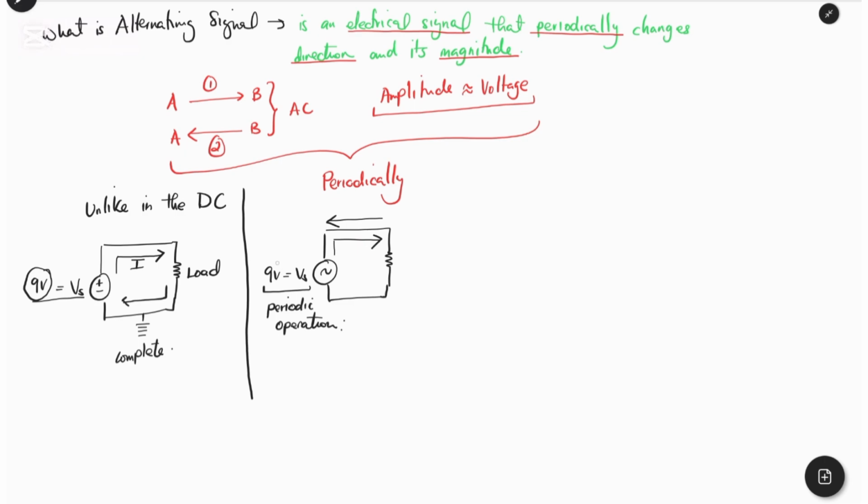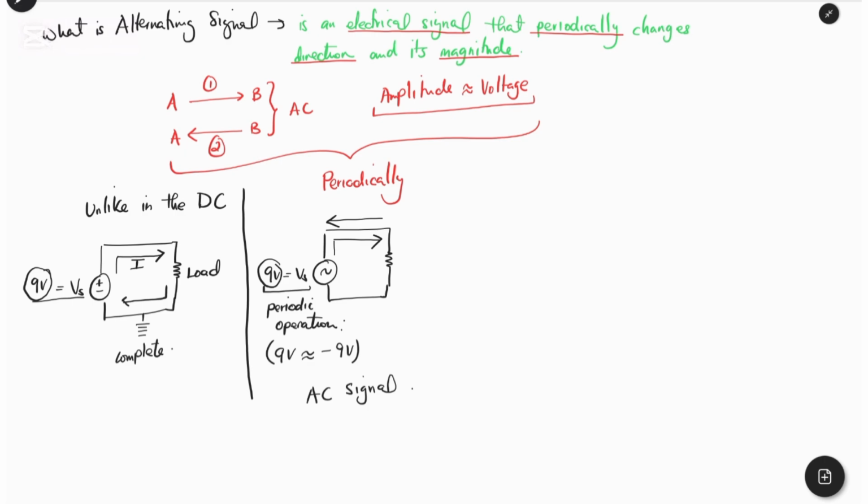Now it will cause the magnitude to vary. We will explain some of the key components of the AC so you can understand how the magnitude varies. And it will be 9 volts and minus 9 volts. This represents the AC signal or the alternating signal.